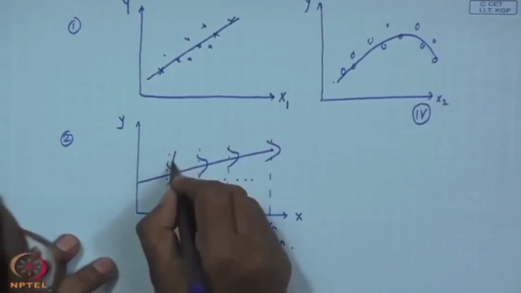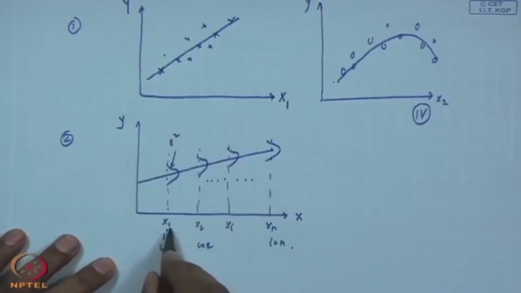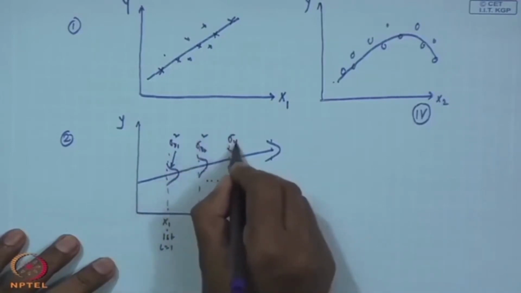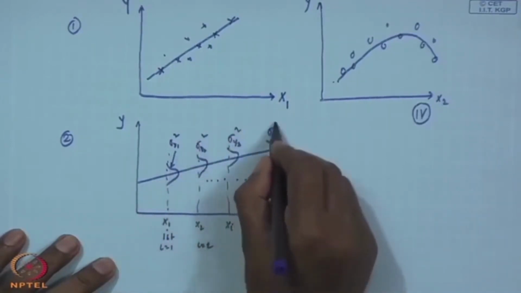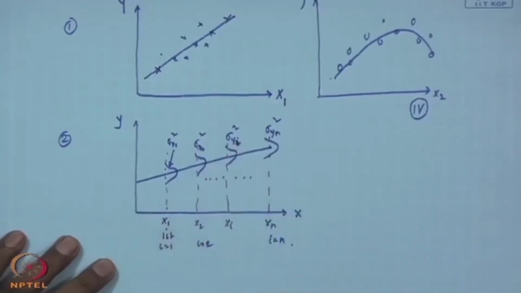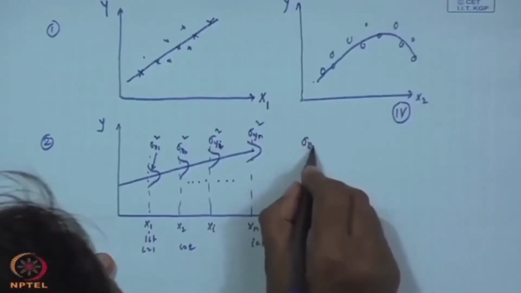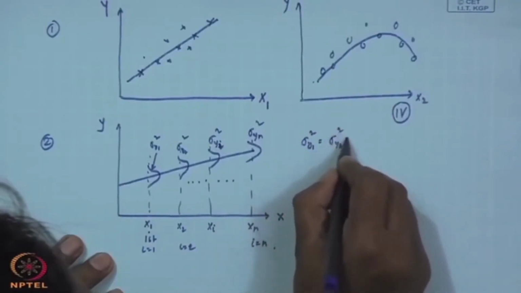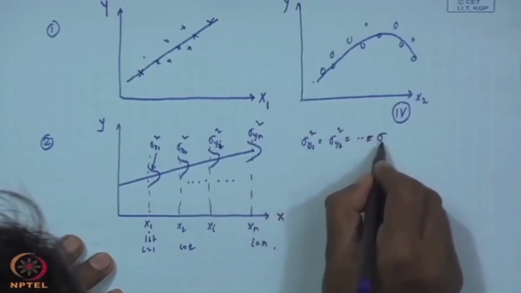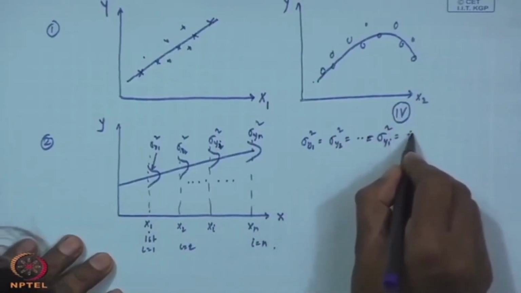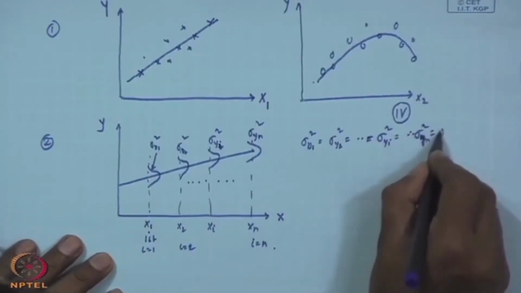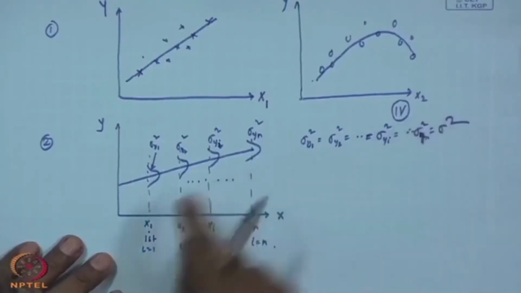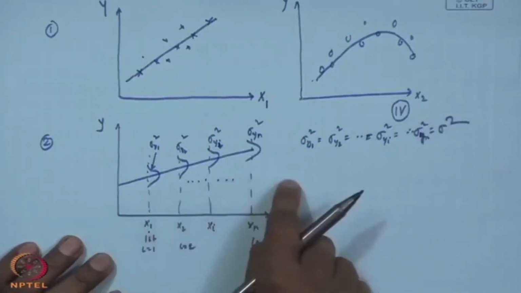That means sigma y1 squared, sigma y2 squared, sigma y3 squared, up to sigma yn squared, at x equal to 1, y2, yi, yn, this should all be sigma squared.